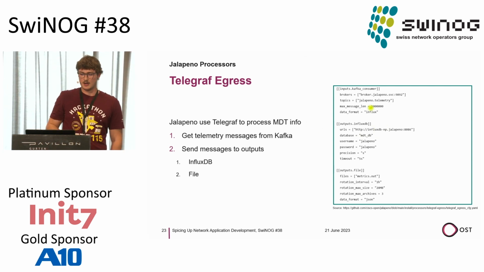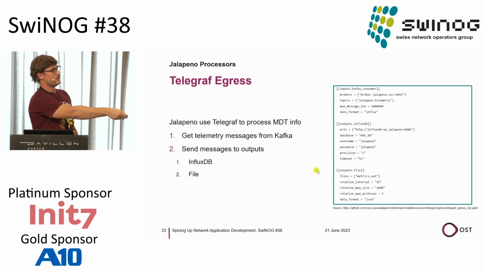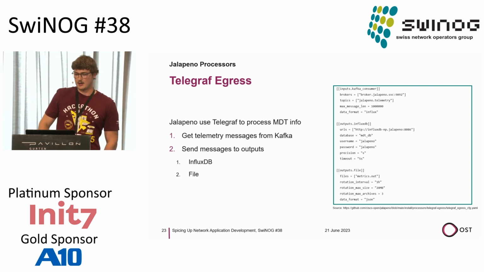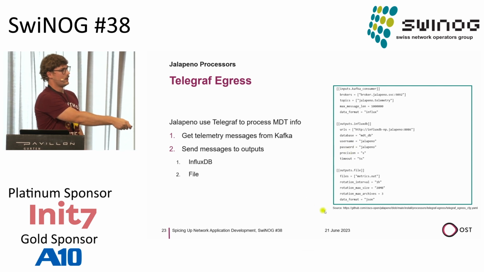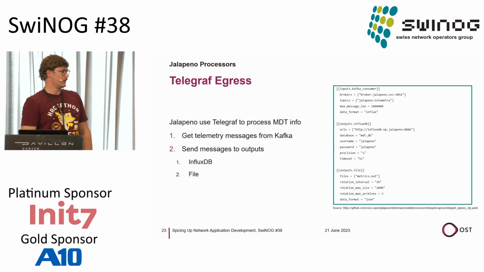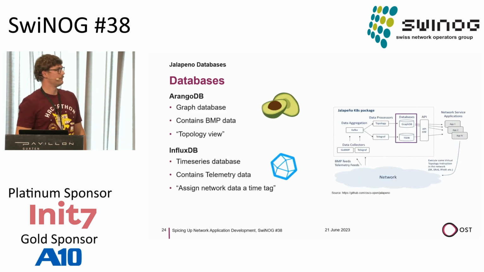So you say, again, which is the broker and the topic I want to receive messages from. And then you have the different outputs. In this case, you have an InfluxDB where you define the URL and other database-specific information. And for the file, it's, again, easier. You just say which file, and there you go.